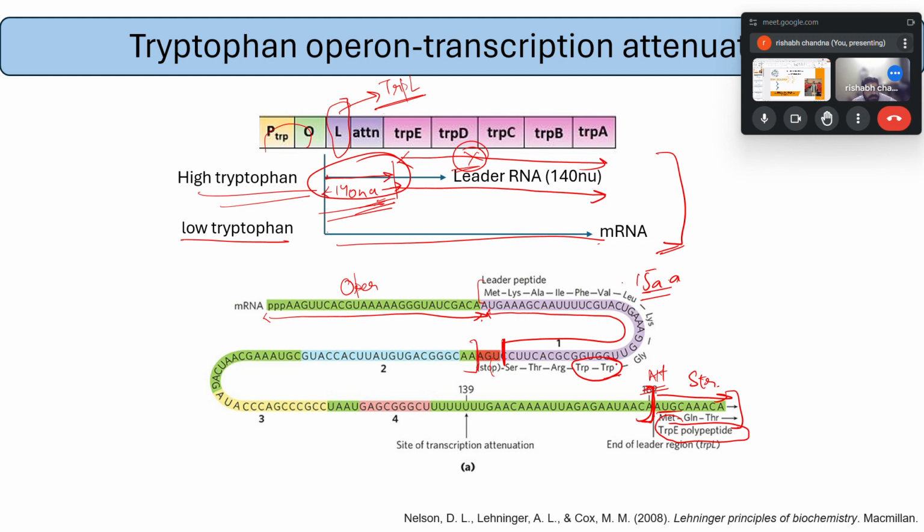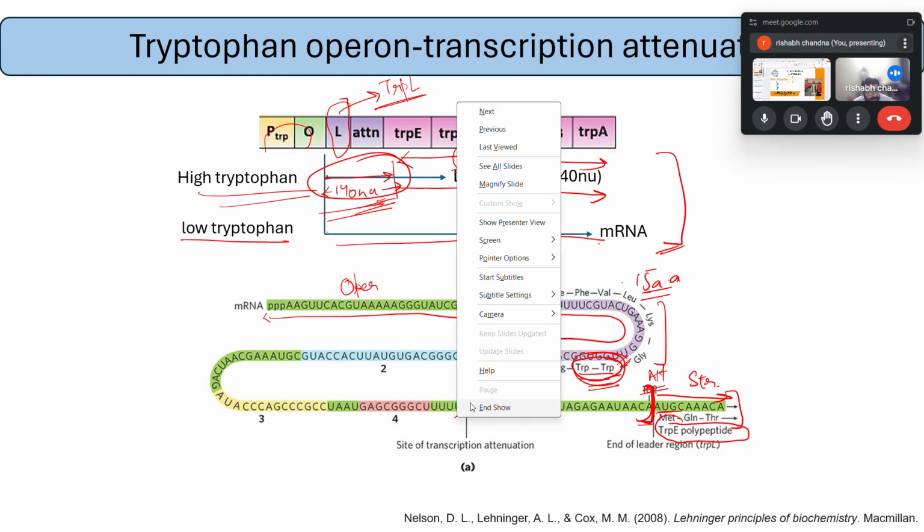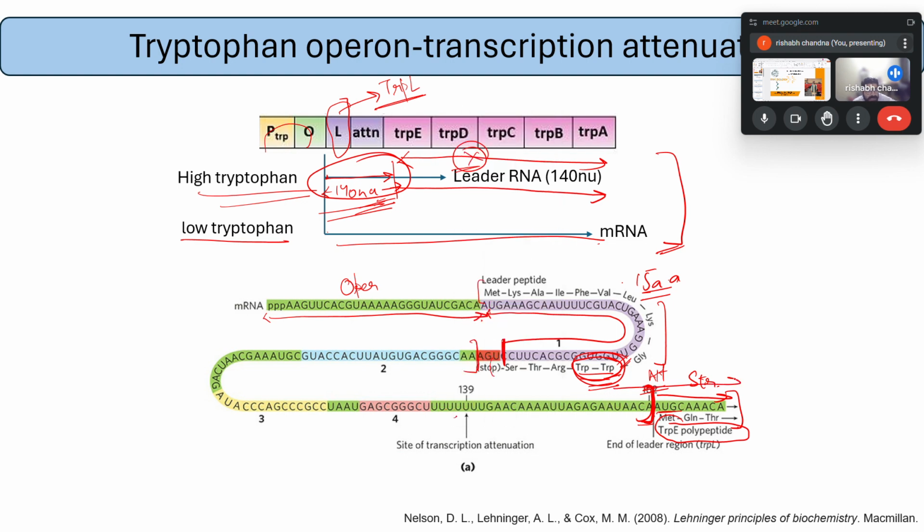That means this leader peptide will be easily formed, so the mRNA formed till here is only present. But when the tryptophan amount is less inside the cell, this leader peptide will not be formed because the ribosome will be stuck here. And then the attenuator will form a structure so that RNA polymerase can continue the transcription. We'll see in detail in the next slide.